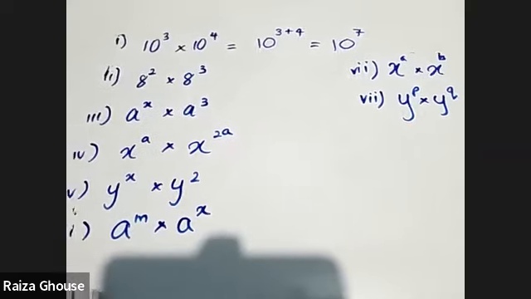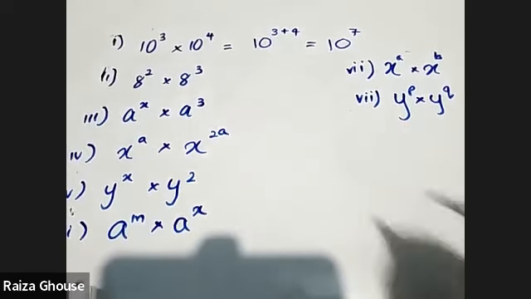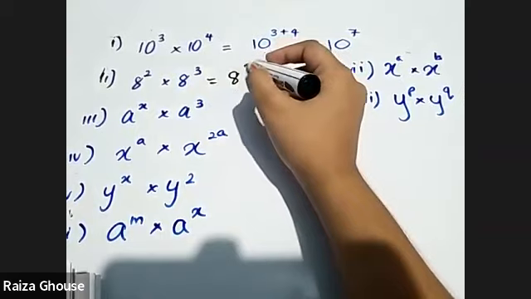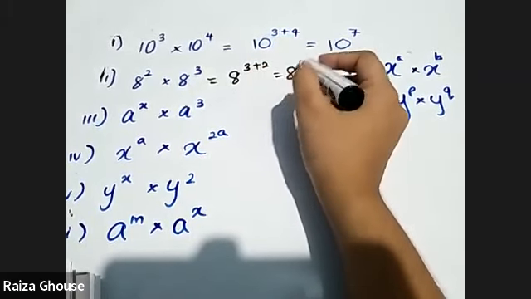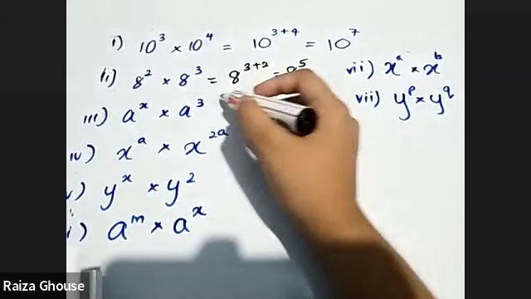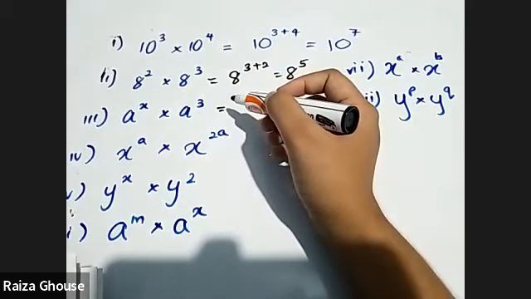Right, okay, done. It's easy. I can come up with the second one, a to the power 3 plus 2, that is equal to a to the power 5. Rukaya, can you unmute your mic and tell the answer for Roman number 3?